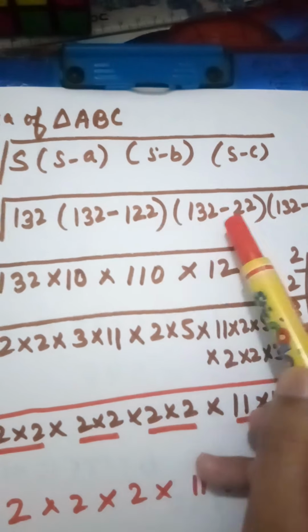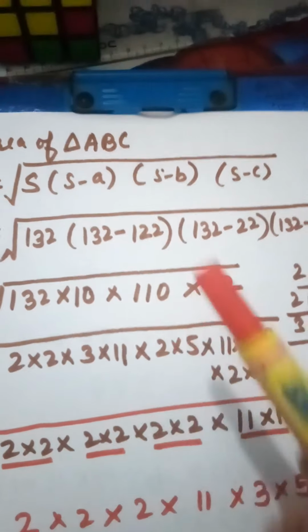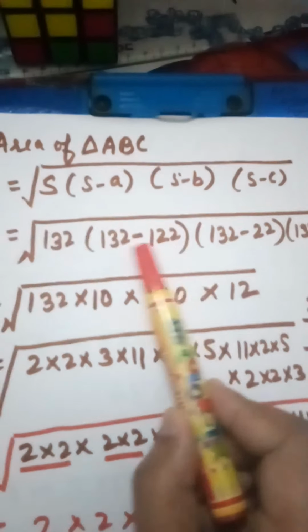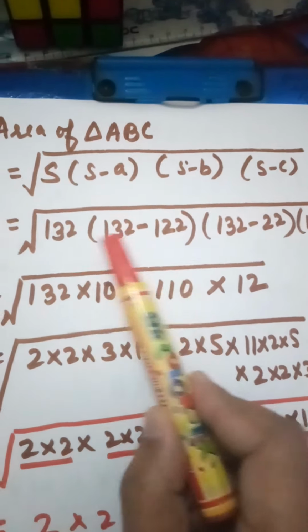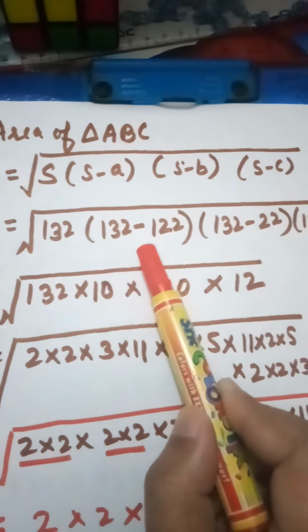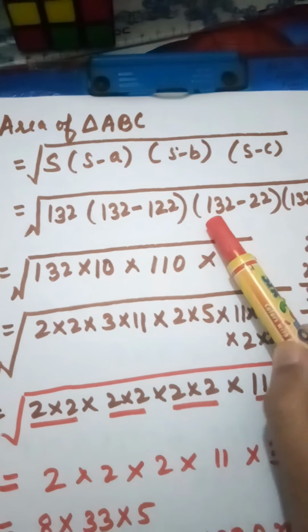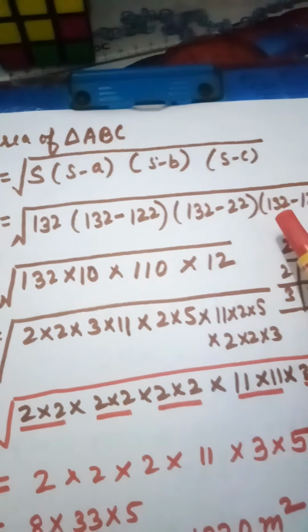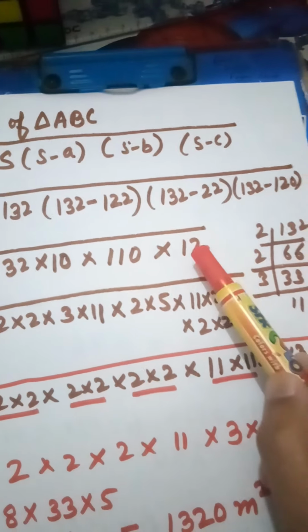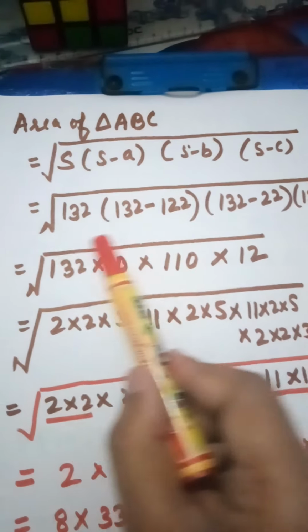When the brackets are there, it means multiplication is there. But before simplifying, for the multiplication you have to subtract these. 132 will come the same, then subtract these: 132 minus 122 is 10, 132 minus 22 is 110, and 132 minus 120 is 12, and under root on that.